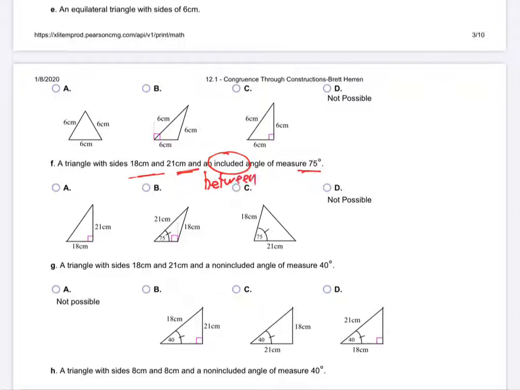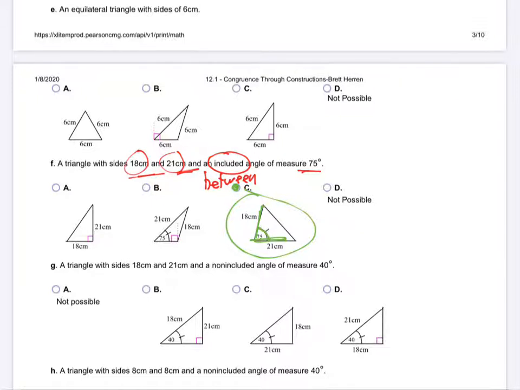They're saying, which of these triangles has an 18, a 21, and an included 75, right, in the middle, between? So which one is it? A, B, or C? It's right there. C. Got the 18, got the 21, and then the 75 angle is between them.